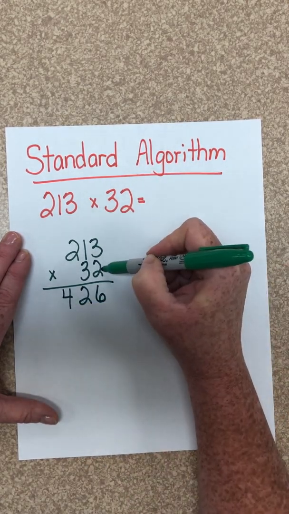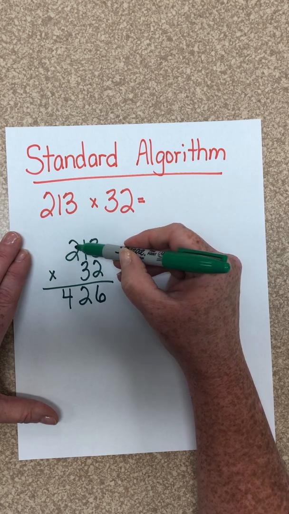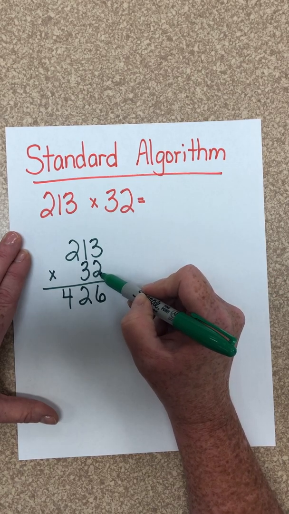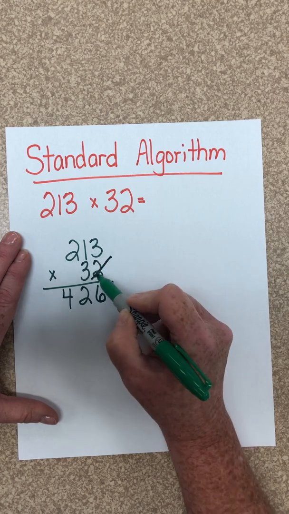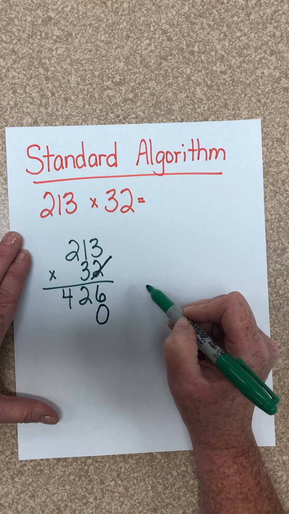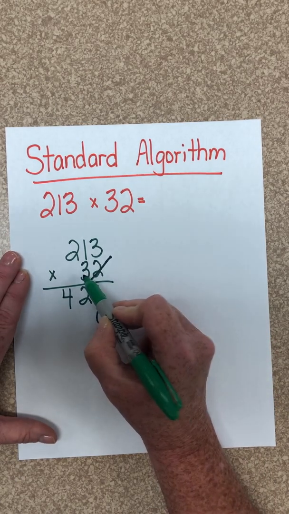Now I've taken this 2 in ones place and multiplied it by every digit in that first number. So I'm finished with multiplying with 2. So I'm going to mark it out so I don't get confused, and I'm going to drop a 0 here to hold its place.